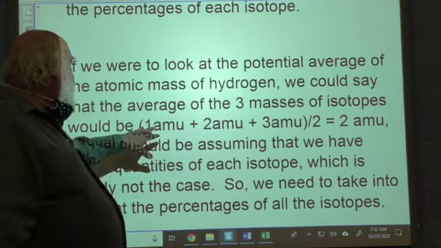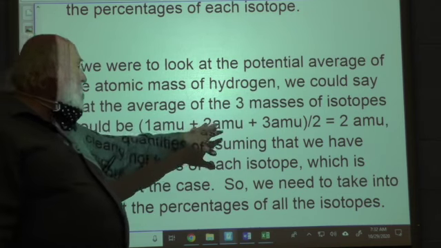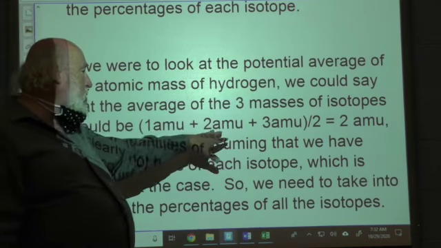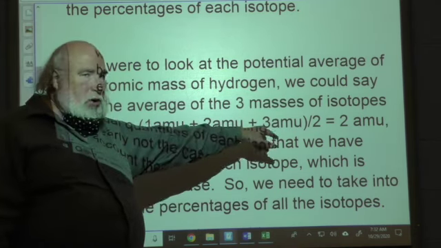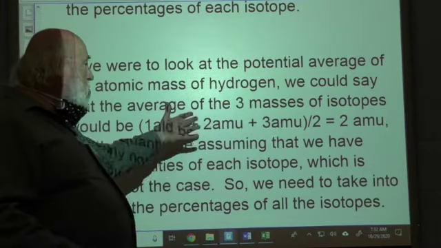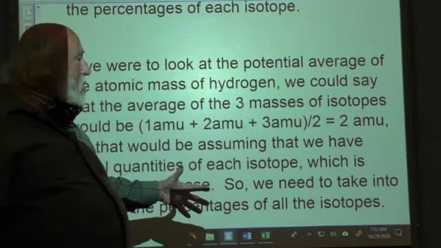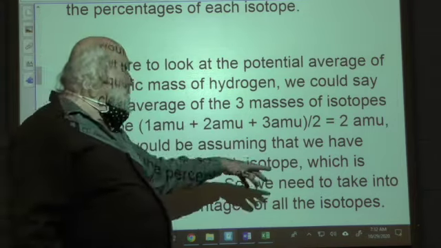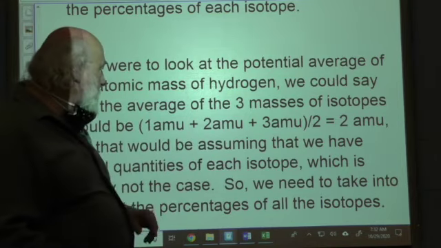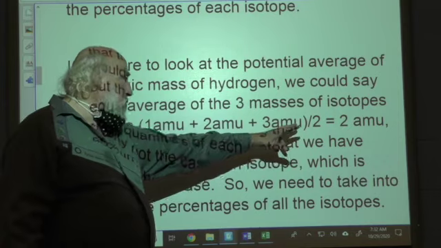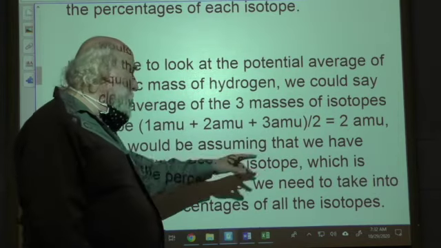So for hydrogen 1, it's 1 AMU, for deuterium, 2 AMUs, and for tritium, 3 AMUs. If we have equal quantities of hydrogen isotopes, then all we have to do is add those 3, and divide by 3, and you get 2 AMUs.